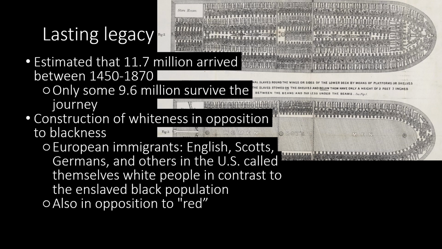But one of the consequences we see of the African slave trade, and also of the racial categorization that occurred during the enslaving process, which also includes the enslaving of Native Americans, is that we start to see the construction of whiteness in opposition to blackness.